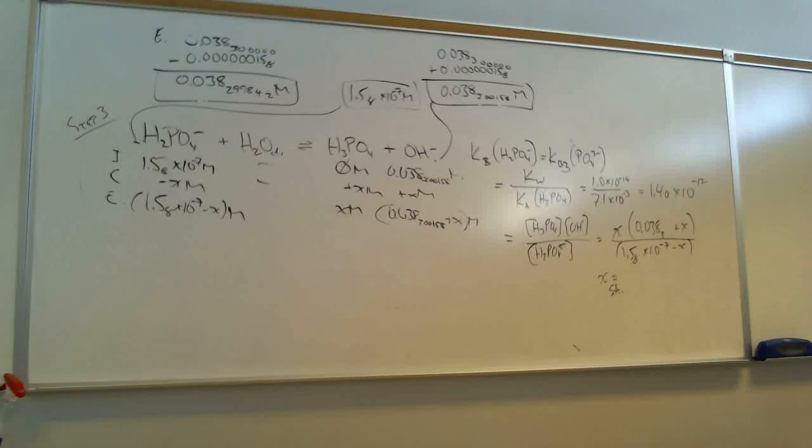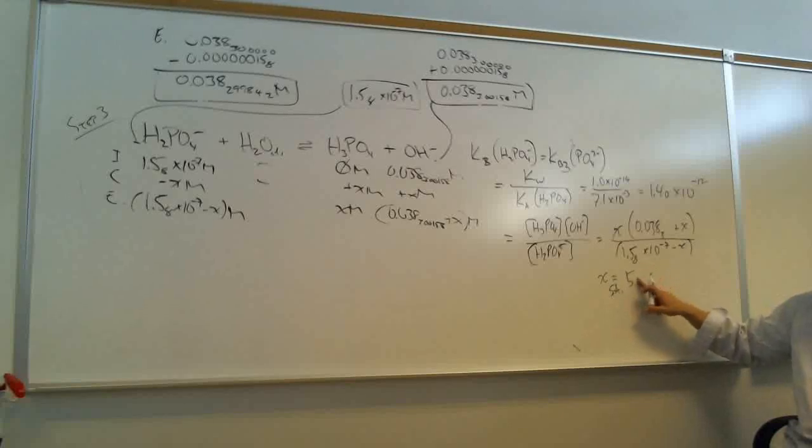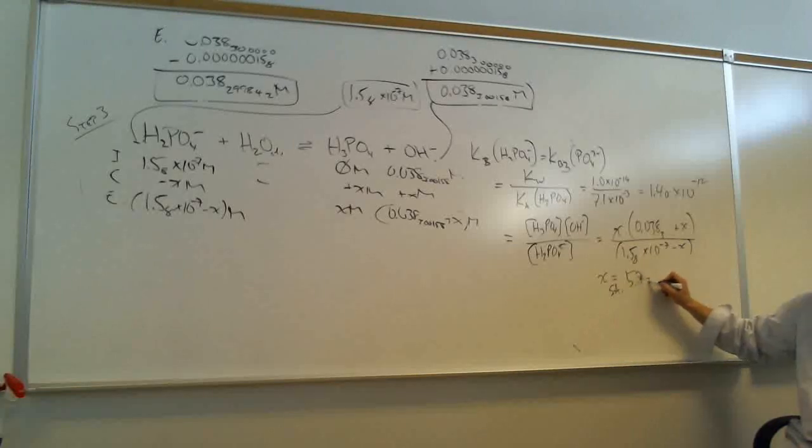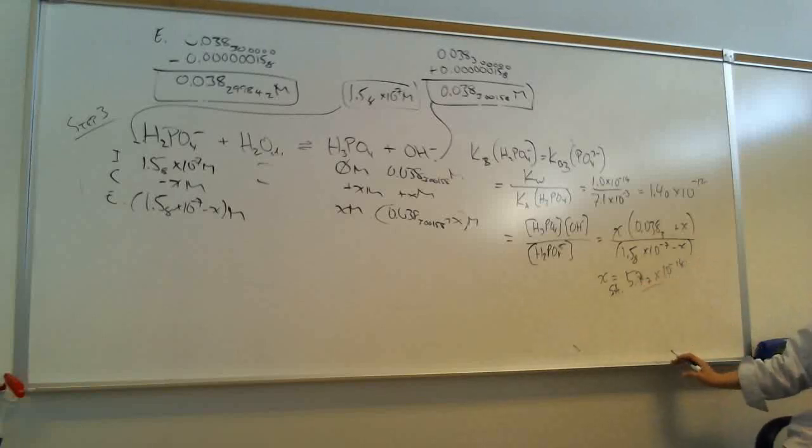If you want to add the rest, 0.00158. What do you get? X equals 5.77. I carried some extra digits. Times 10 to the negative 18. Did it work? Yeah, no problem. It worked fine.